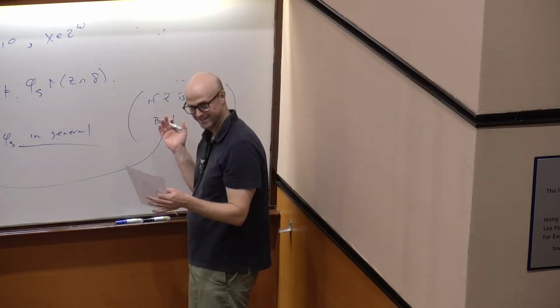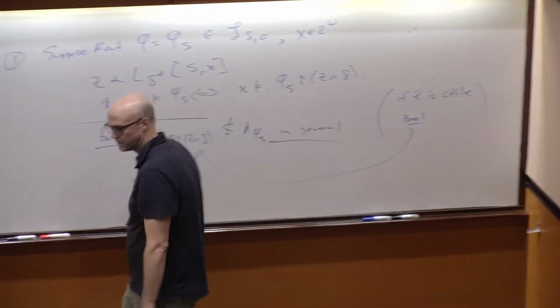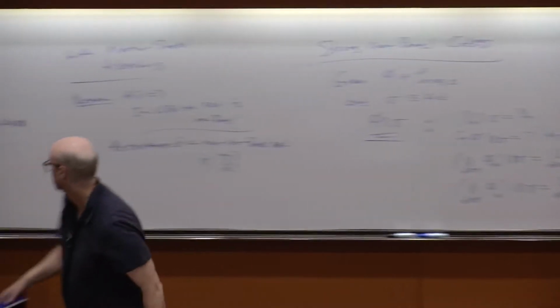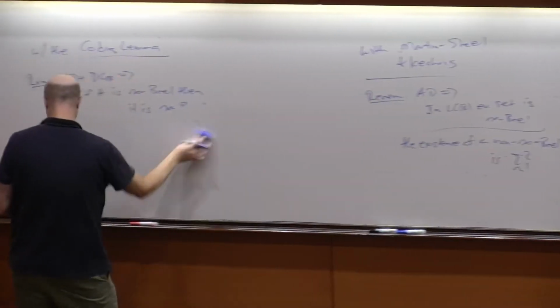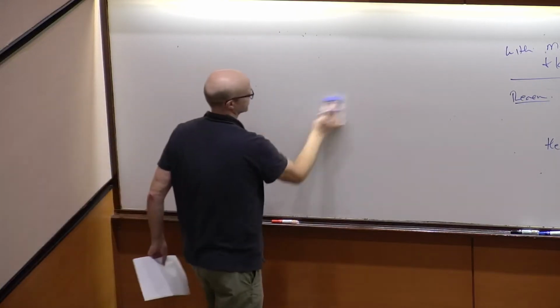So it's clear that this thing doesn't have to be contained in that. But we're looking for big sigmas where it will be contained. Okay, so this is what a strong infinity Borel code is.